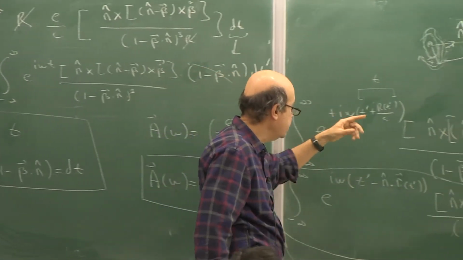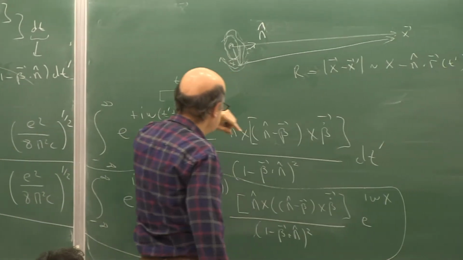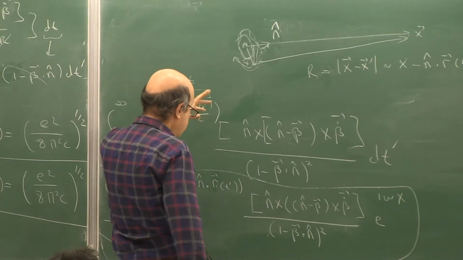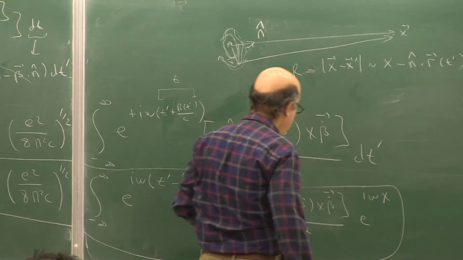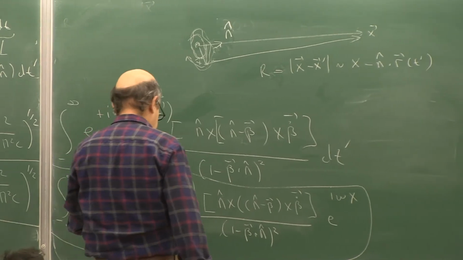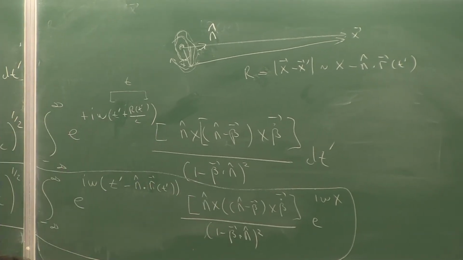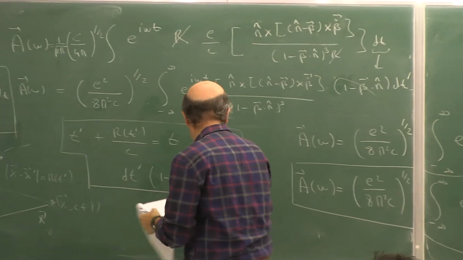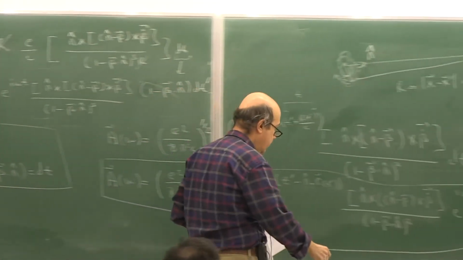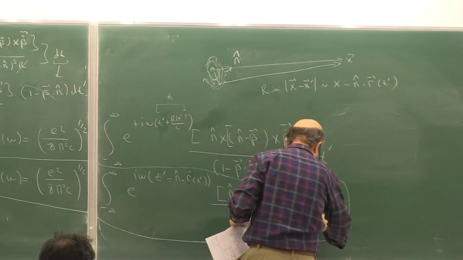Then since we are looking at the radiation in the far field zone, we said that x minus x prime is approximately x minus n dot r, and we put it in that form. So let us continue the calculations. This is just a phase factor.